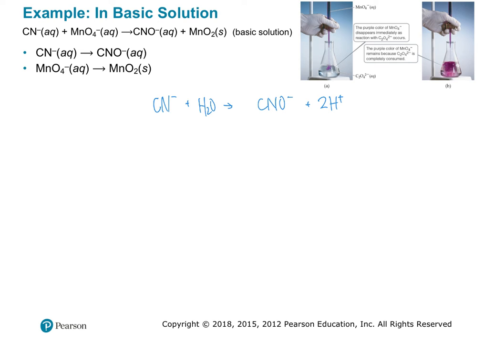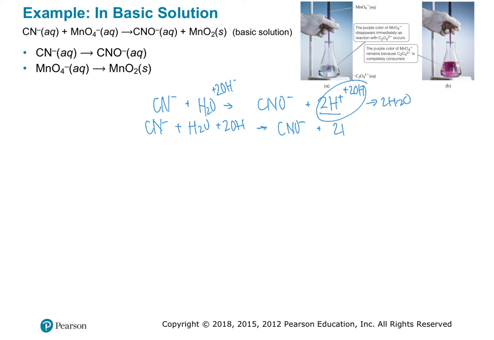Before I do anything else, I'm now going to realize that I'm in basic solution, so I'm going to neutralize all of my hydrogens with hydroxide. I have 2 hydrogens, so I'm going to add 2 hydroxides to this side and 2 hydroxides to this side. You have to be even to keep that mass balanced. So what I get is cyanide plus water plus 2 hydroxide go to this ion, plus when we mix those together we get 2 waters.